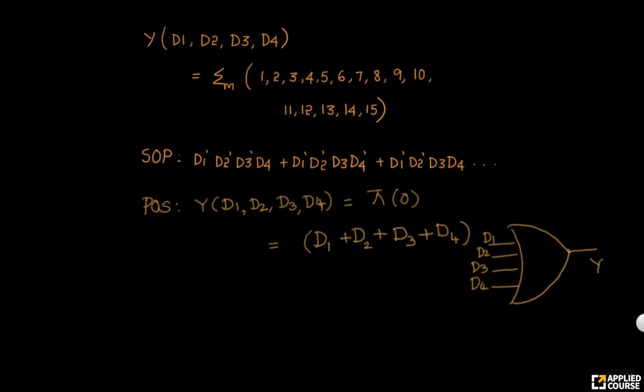In order to write the Boolean expression, you can express either a sum of products expression or a product of sums expression. Again, I recap what we have discussed in the previous lecture.